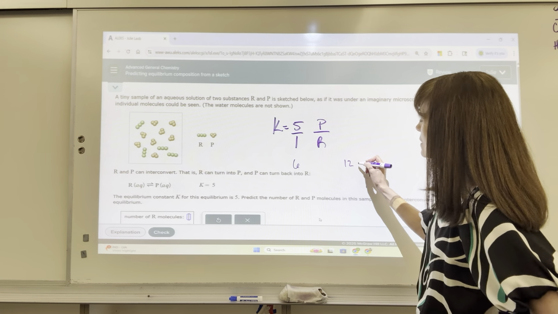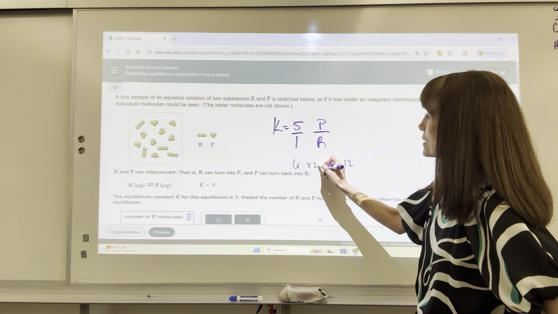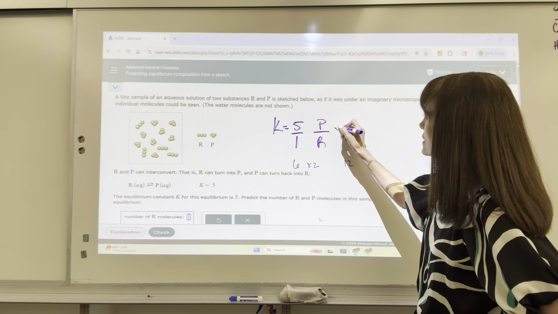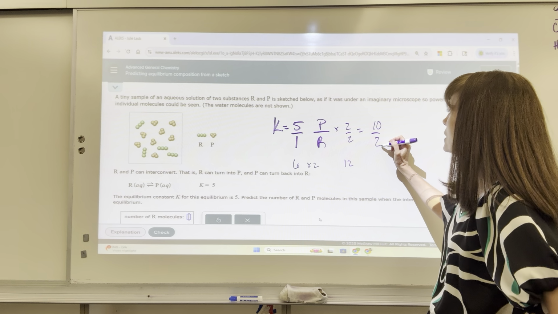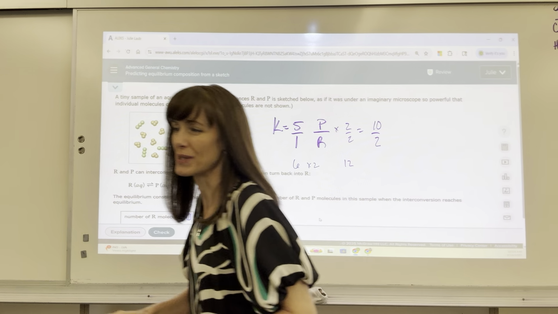If I want to end with 12, you multiply that by 2. Let's multiply this by 2 over 2, and look what we get, 10 over 2. 10 plus 2 gives me 12 molecules. We'll have 10 products for every 2 reactants, okay? Let's put it in.